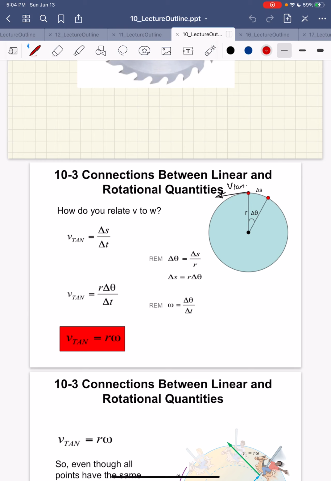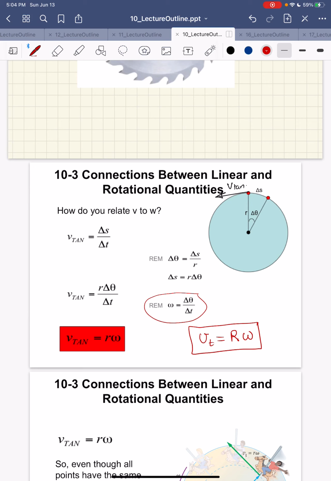Then I can plug this in, and since omega is delta theta over delta T, I can say the tangential velocity is R times omega. This is a new equation.